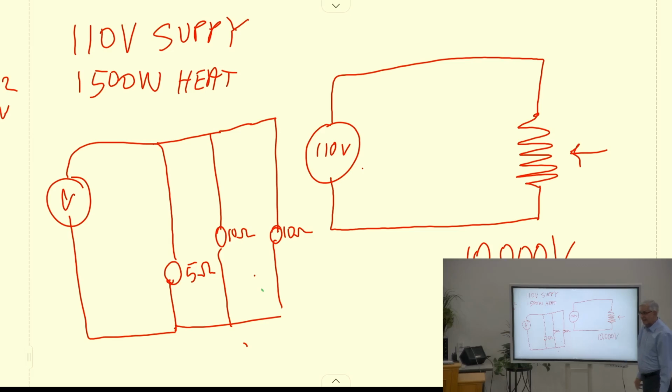I can move that at 10,000 volts with a 1 amp wire, right? Your wattage is equal to your voltage times your amperage.